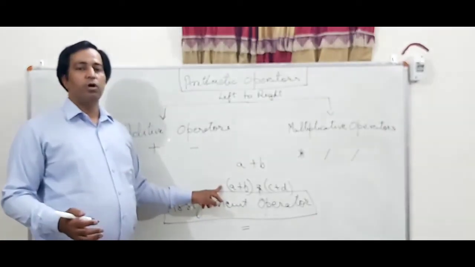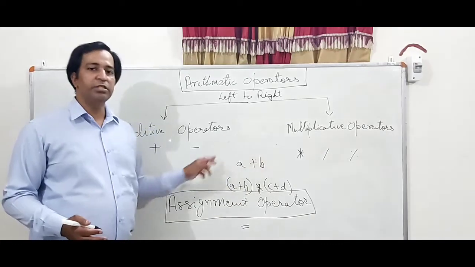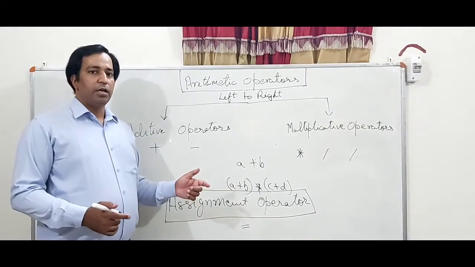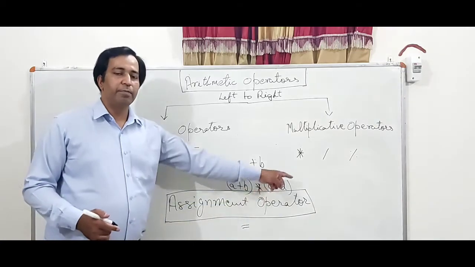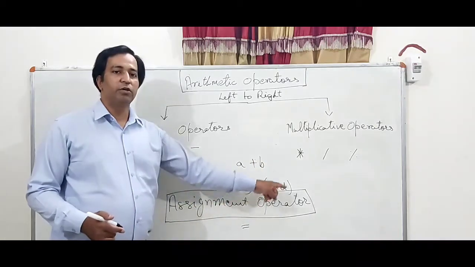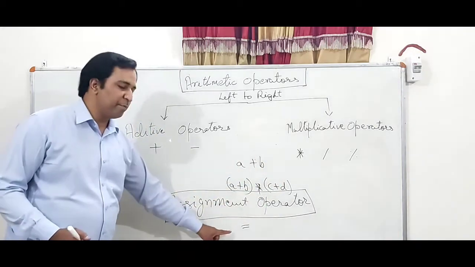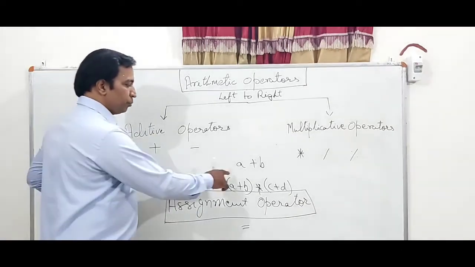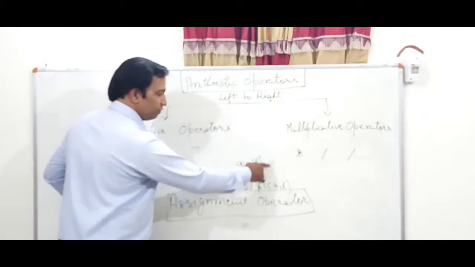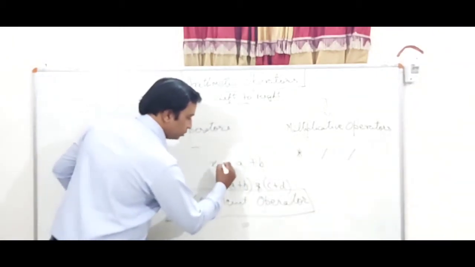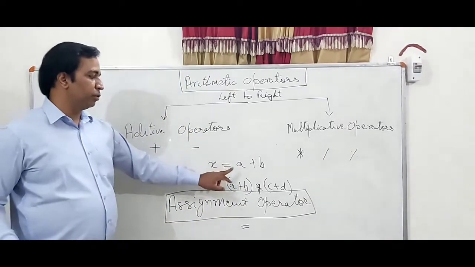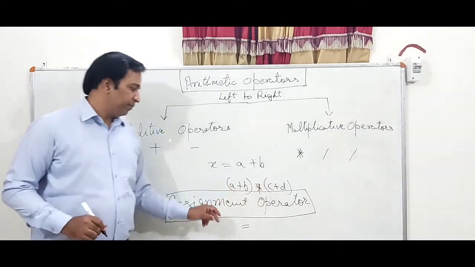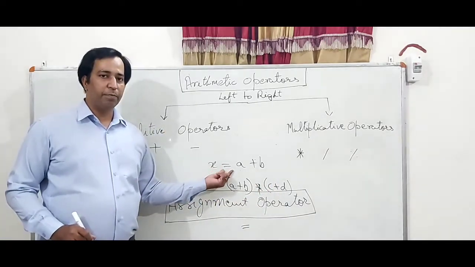The value or the result of these expressions has to be stored in a variable. To store the result of these expressions, we need the assignment operator. Now how can we write this? Suppose I need the result of this expression in x. So I will write x is equal to a plus b. In this case, we have used the assignment operator.